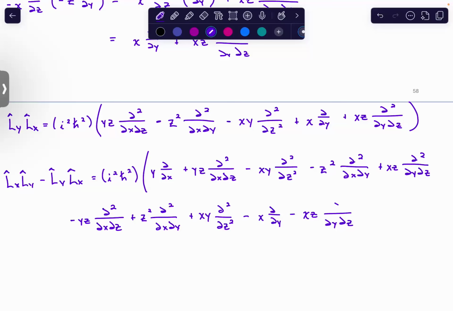You will do a crap ton of work only for, let's see, YZ minus YZ, minus XY plus XY, minus Z squared plus Z squared, plus XZ.